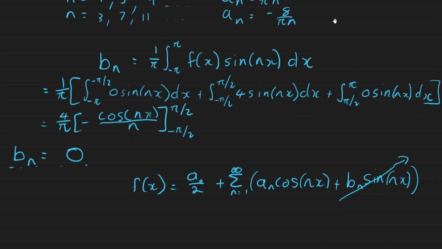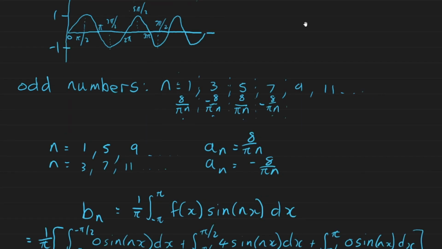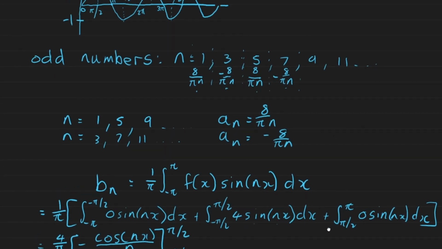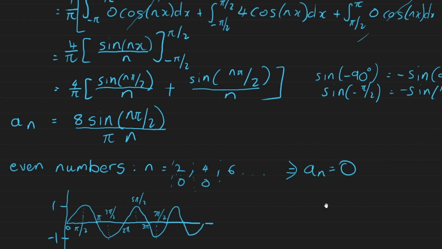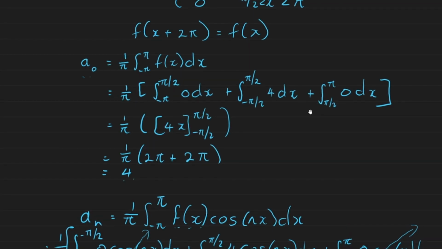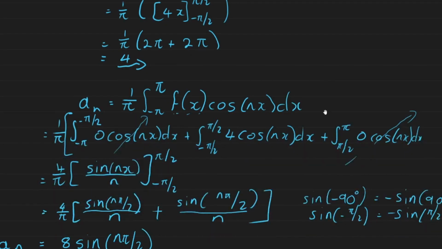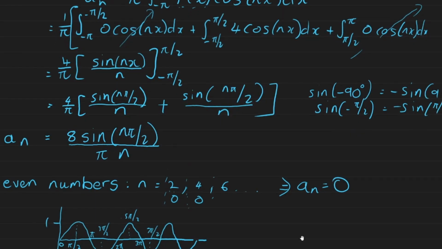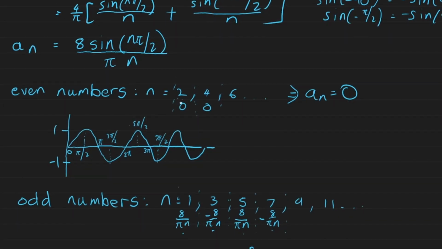So let's just go back to that. So here was a naught, and we had seen that is equal to 4. And an, we had seen that there are no even numbers.